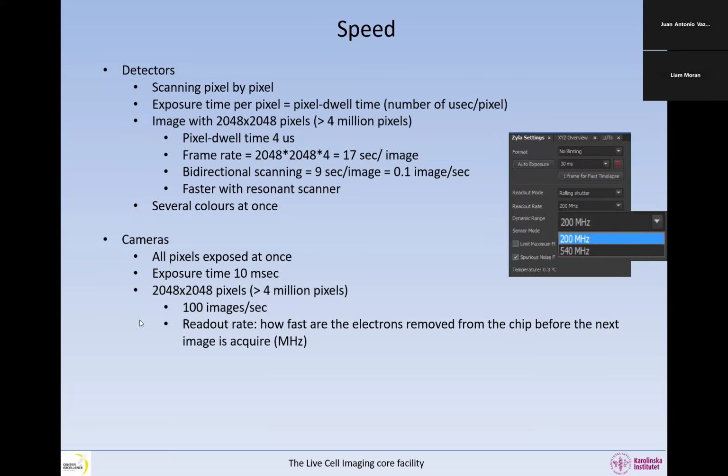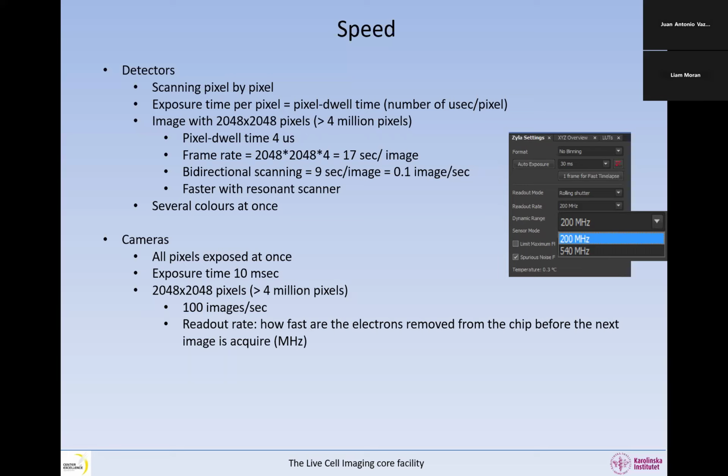The maximum speed we can reach on a camera-based system depends also on the readout rate. Very often in your software, if you use a camera, you will have something called readout speed or read rate, something like this. And then you can select maybe one or two or three different readout speeds. What that means is how fast the electrons are removed from the chip.